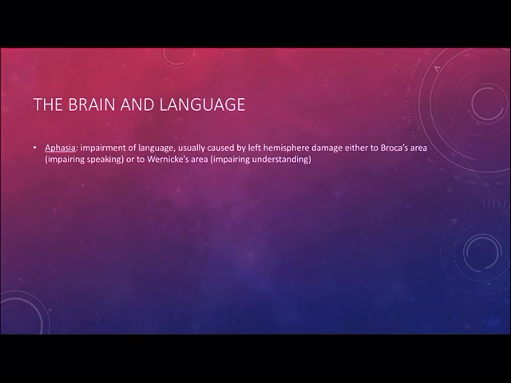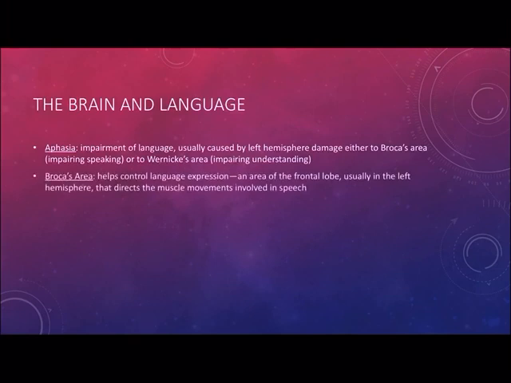So we want to start off with Broca's area, or Broca's aphasia. And so Broca's area is within the frontal lobe, and it directs the muscle movements that are involved in speech. So the actual muscles of my mouth that move to produce the words that I am wanting to say from my mind to my mouth is something that Broca's area, which is in my brain, is responsible for, right? An area of my frontal lobe is responsible for making my mouth move correctly to say the words that I'm wanting to say.